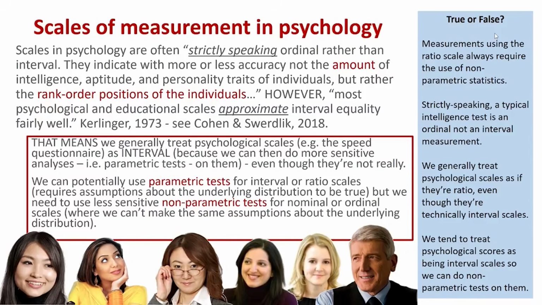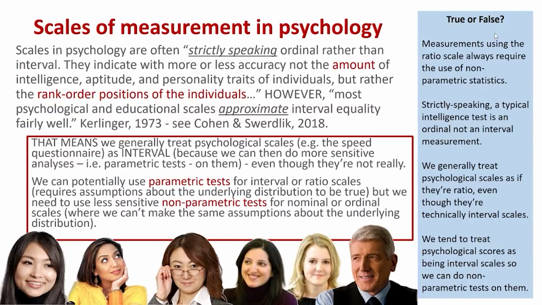When we use parametric tests, this requires us to make assumptions about the underlying distribution, and those assumptions need to be true for those tests to work. But if we're using either nominal or ordinal scales, we instead need to use non-parametric tests, which don't have these assumptions, but they're also less sensitive.